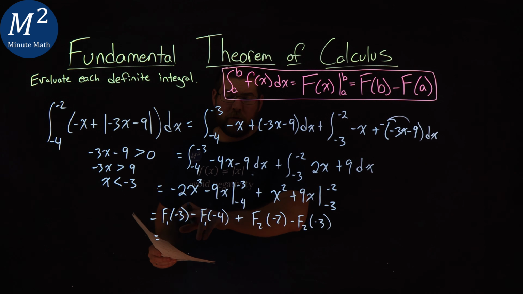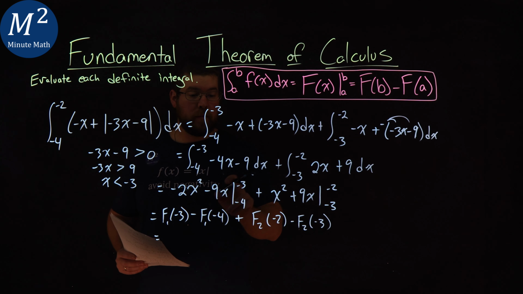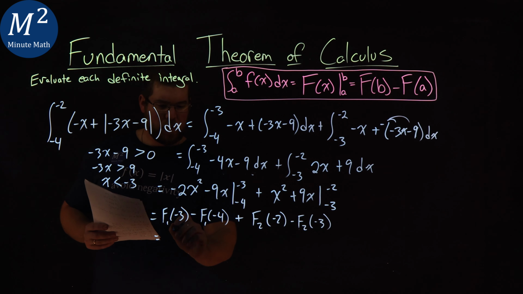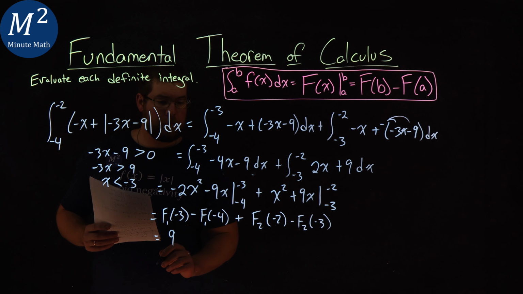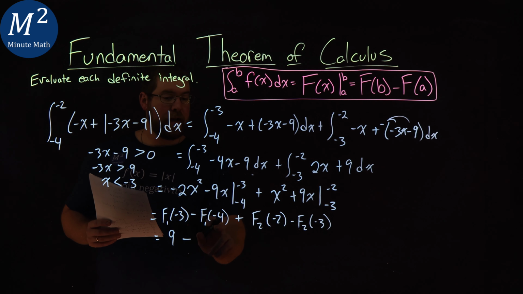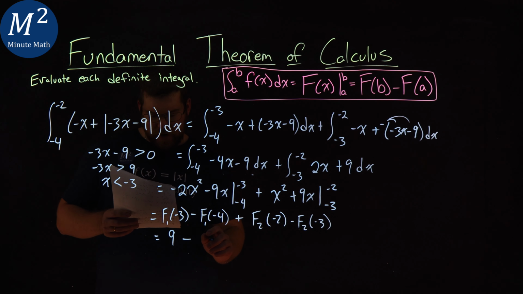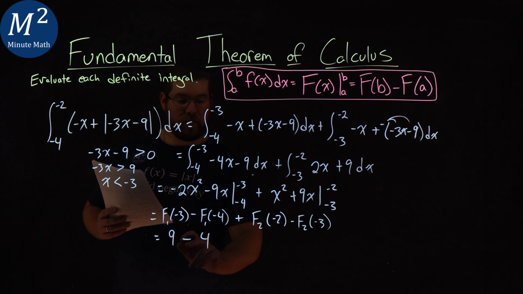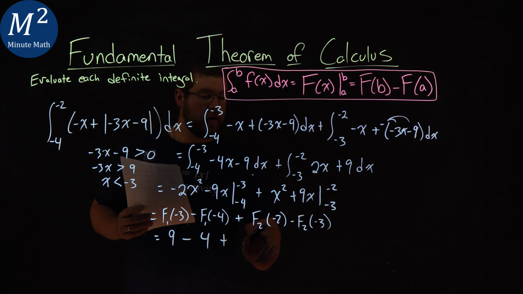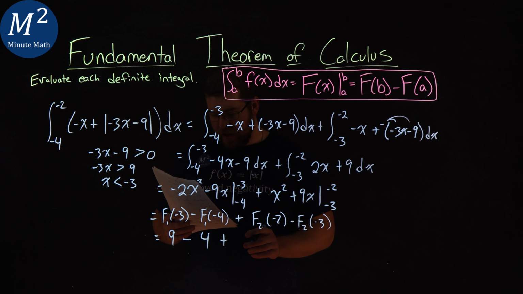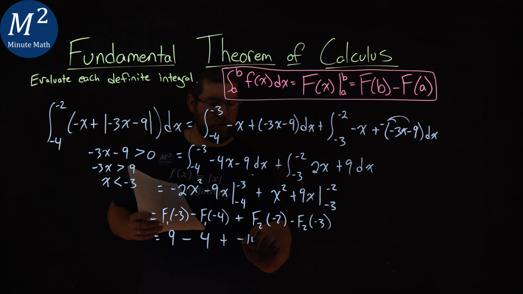Then we want to find f1 of negative 3. Plug negative 3 into our first integral, and that comes out to be a positive 9 when simplified. Then we subtract, plug in negative 4 for x for f1, and we get a 4. So 9 minus 4. Plus, second integral right here. We will plug negative 2 in for our x value, and we get a negative 14.